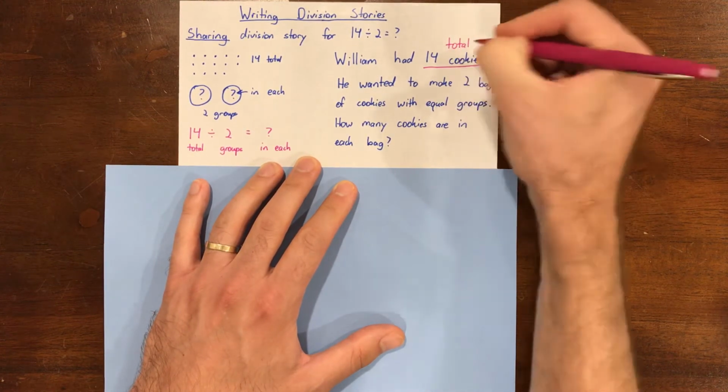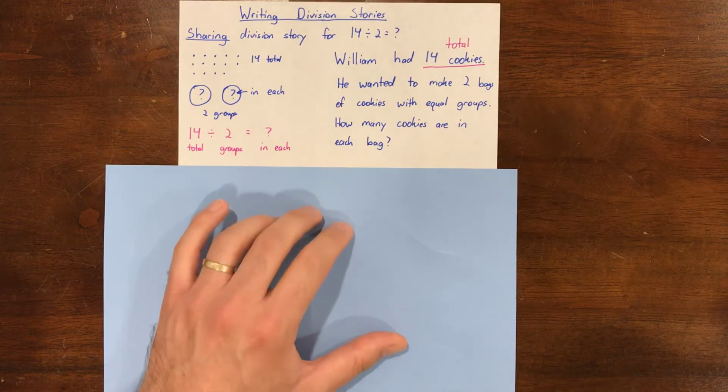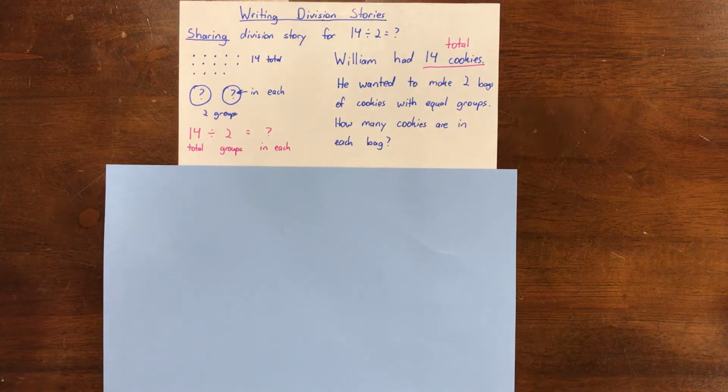are the total. Okay? So, does this problem tell the reader the number of groups or the amount in each group? How do you know? Say it out loud.